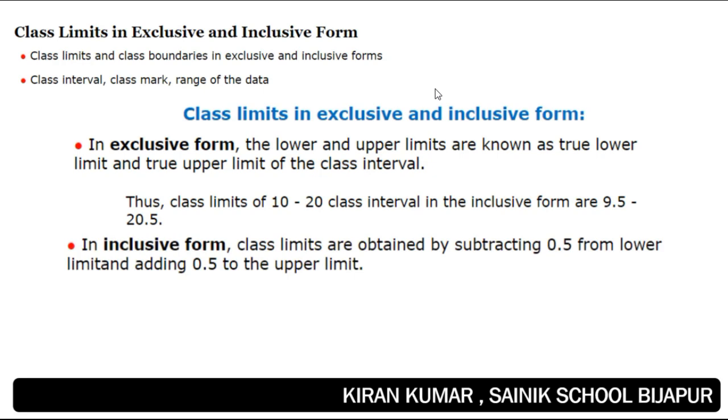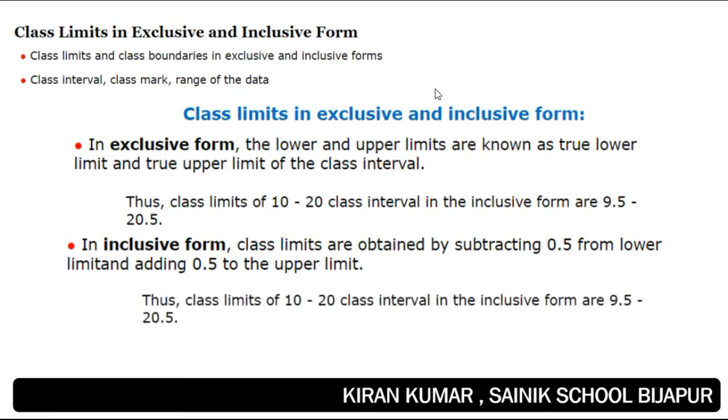In the inclusive form, the class limits are obtained by subtracting 0.5 from the lower limit and adding 0.5 to the upper limit. From 10 to 20, in the inclusive form, it will be 9.5 to 20.5.